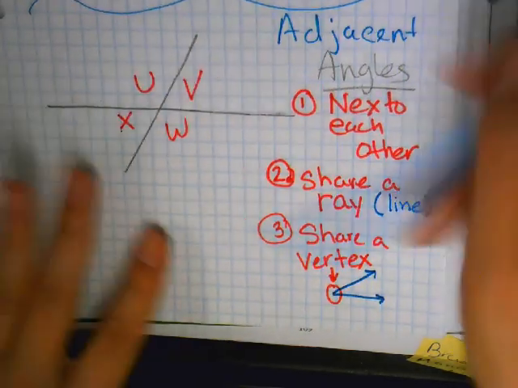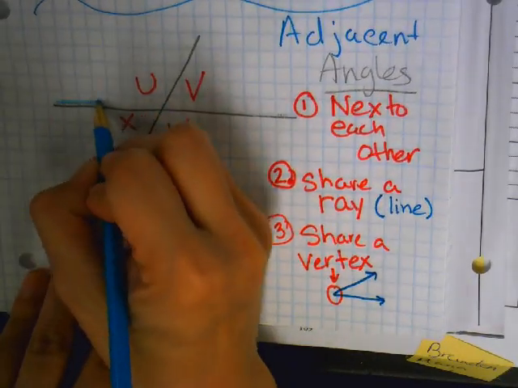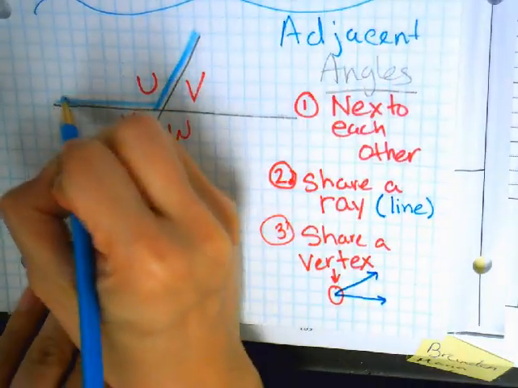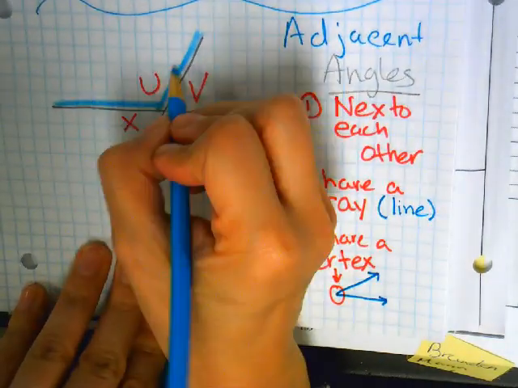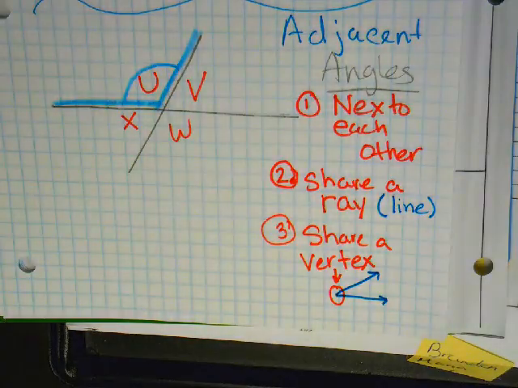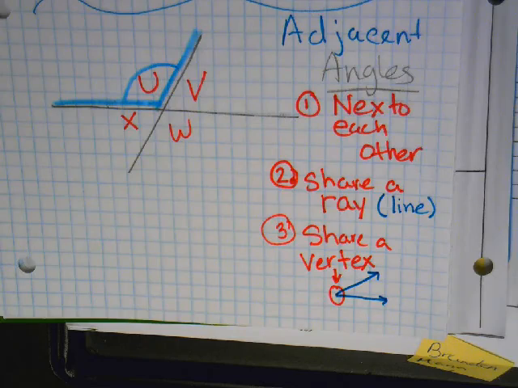Ready. You are going to trace U. Okay. Here's U. What angle is adjacent, next to U? V and X. So there's more than one right answer. I'm going to go with the first thing you said.